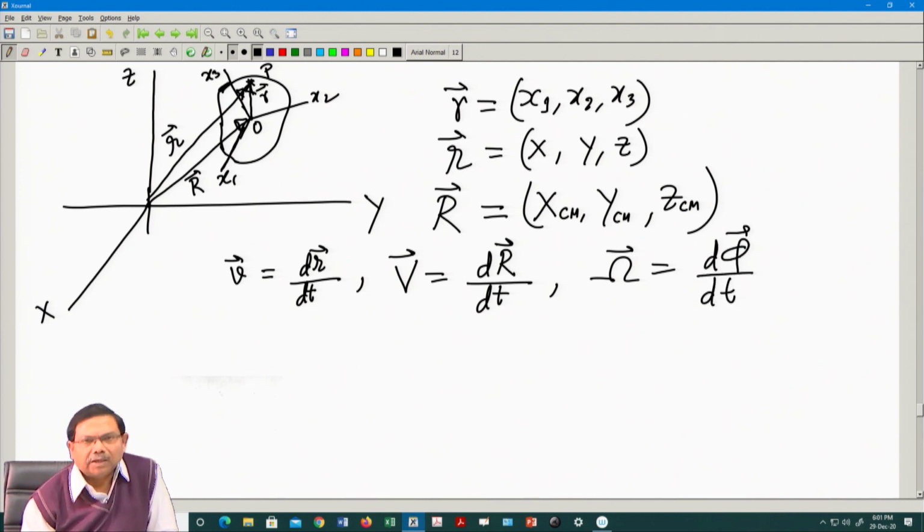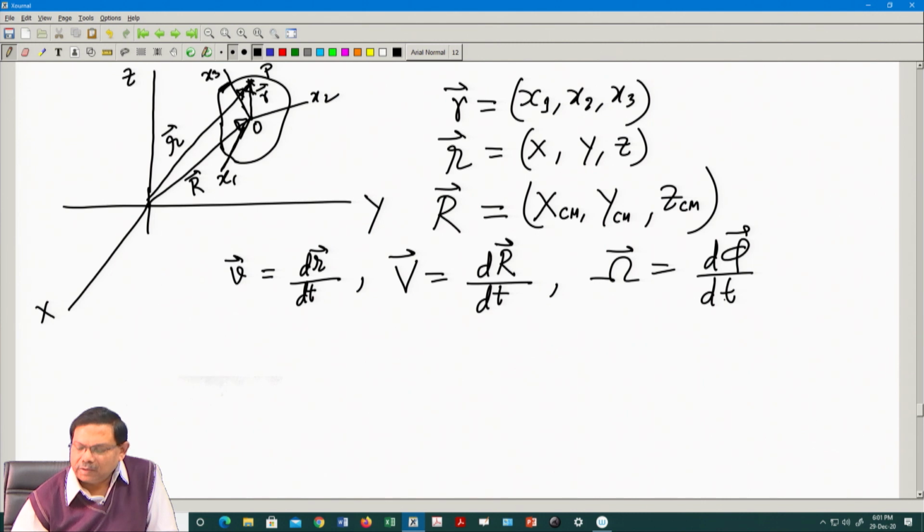d phi is the elementary angle by which the rigid body is rotated about an axis with respect to a fixed frame in the moving body in time dt.